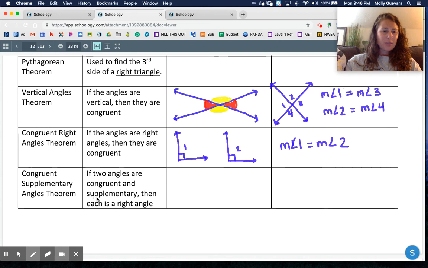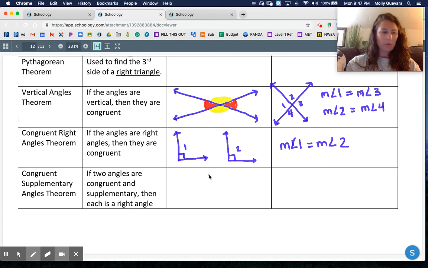Okay, the next one is congruent supplementary angles theorem. Okay, so this says if two angles are congruent, so if two angles are the same measure and supplementary, then each is a right angle.